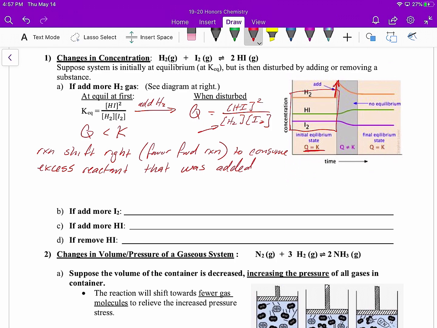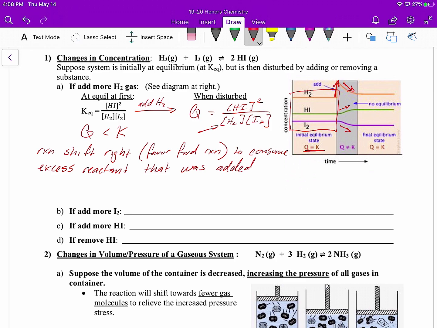You placed a stress on the left side, so the reaction is going to shift away from that stress to try to relieve it. You added reactant, so use up that reactant to try to get yourself back to equilibrium. As you go to the right, you can notice how the H2 concentration starts to go down, and the I2 also goes down because you're also consuming the other reactant, but then the product, the HI, starts to go up.